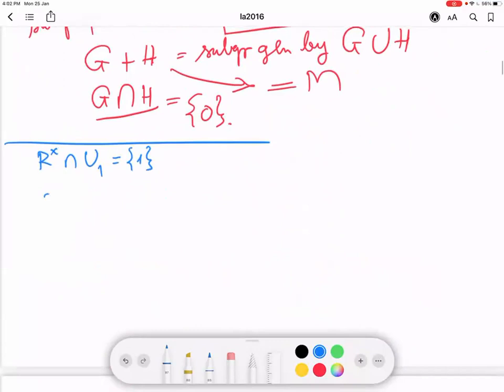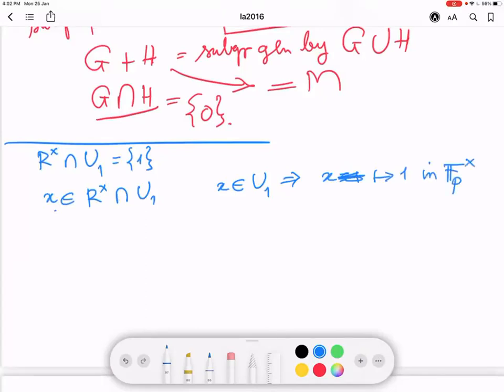Suppose I have an element x in the intersection. Then x belongs to U1 implies that x goes to 1 in F_p star. Let me put it this way. x belongs to R star. What is it?